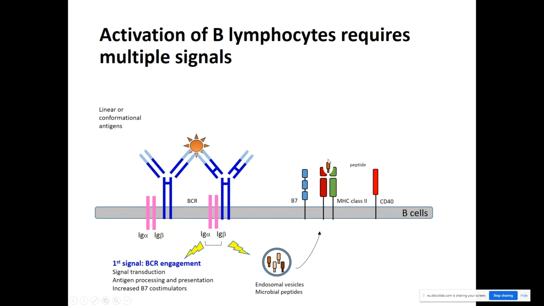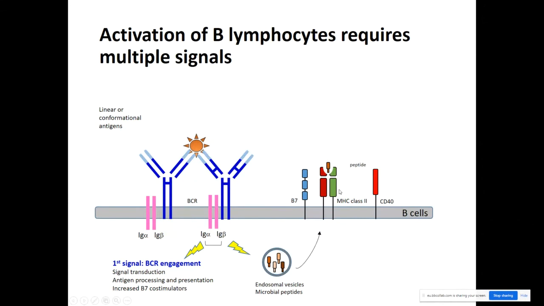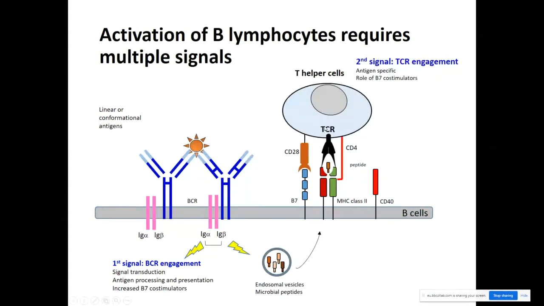Here is your microbe that was recognized by the BCR, cleaved, processed via the endogenous pathway, and expressed by MHC class 2, along with the B7 protein, which is very important for T cell activation. Here comes a T helper cell that has already been activated by the antigen presenting cell.